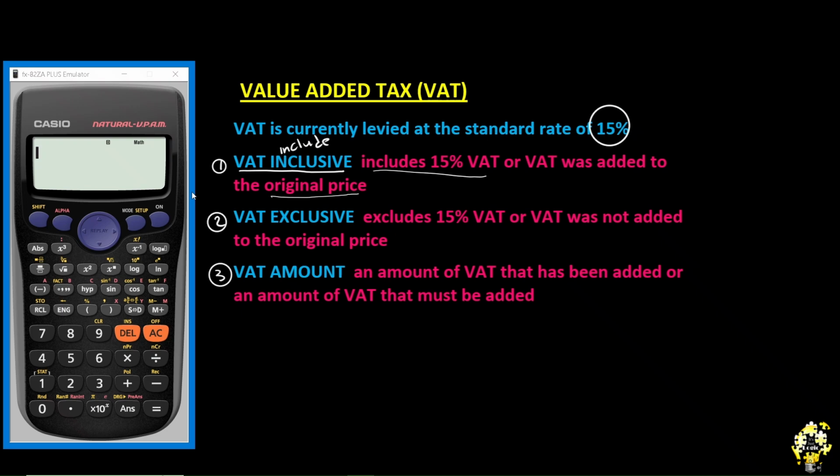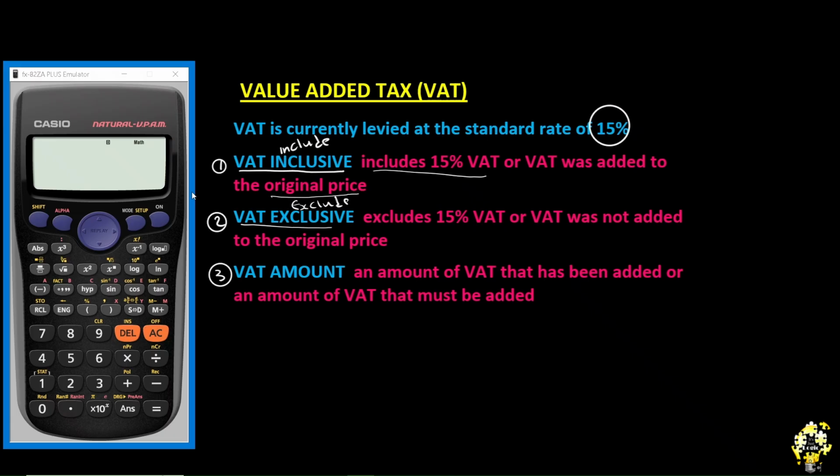Now you also have a term called VAT exclusive. Exclusive comes from the word to exclude, to not have, or to be without. It's not included.